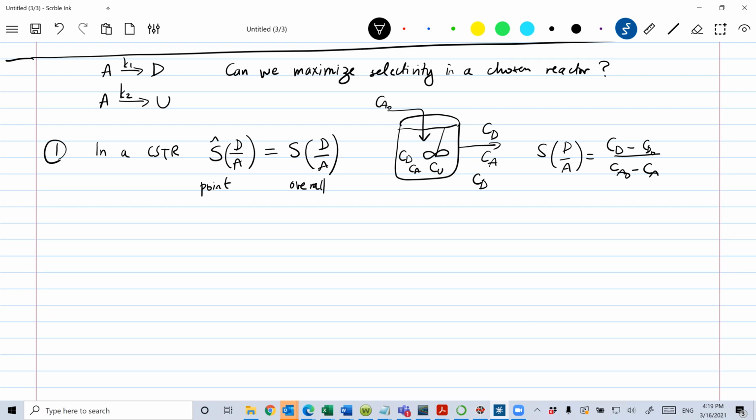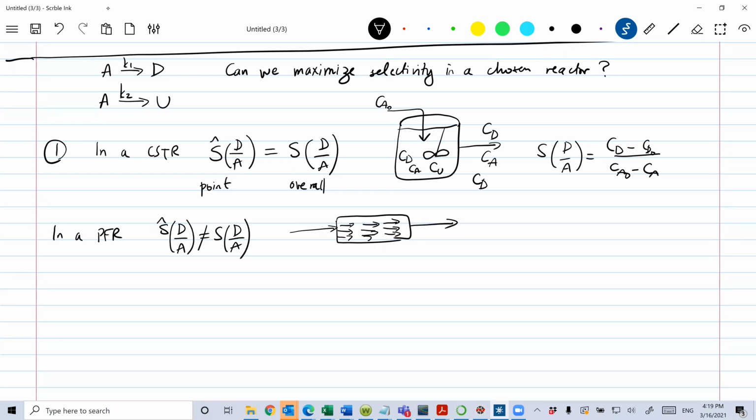Now, in a PFR, what is it? So that we're going to do a little bit of math here. In a PFR, it is not equal. And the reason it's not equal is because the selectivity is changing as you move down the reactor.